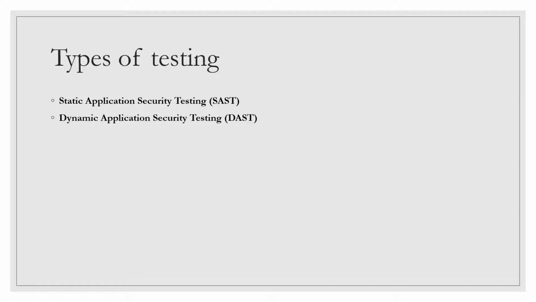Apart from this, there is something called hybrid application security testing, which is basically a combination of these two. While talking about the testing process, it is mandatory to mention a few important points such as network security, system software security, client-side application security, as well as server-side application security.